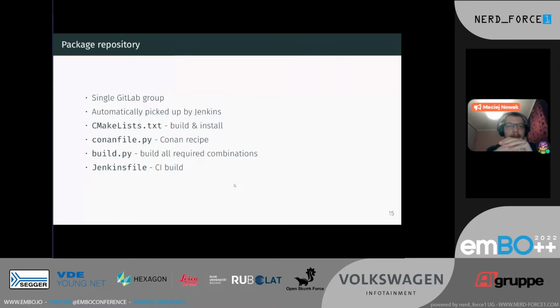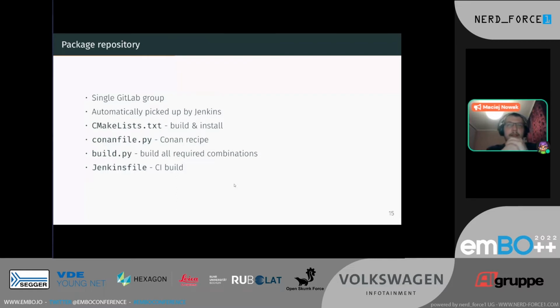And in a package there are a few files that we rely on to build the package correctly. Starting with CMakeLists, so we can actually build the package and provide artifacts, which are collected by a Conan file, which orchestrates package building and describes how consumers can use this package.